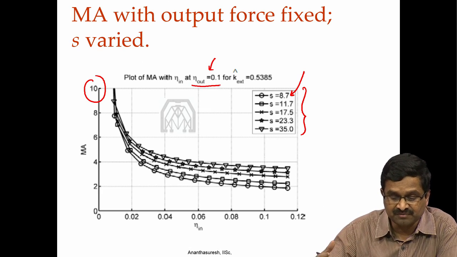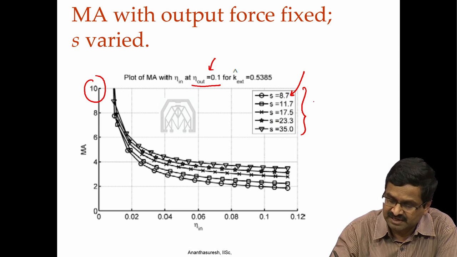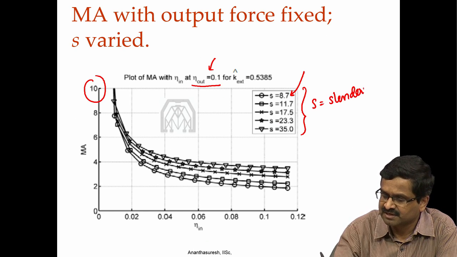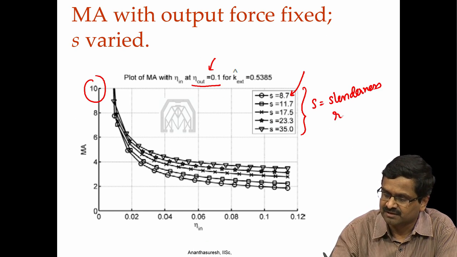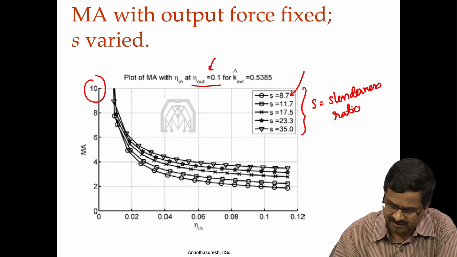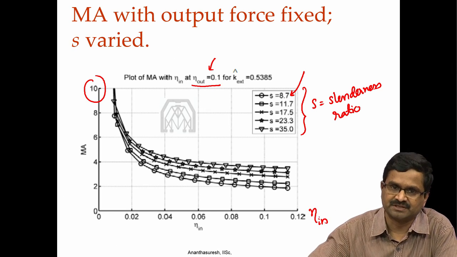So, you have to draw all of these for different parameters, but most importantly for slenderness ratio, S here is slenderness ratio. You have drawn that, so we can see what happens. Okay. And on the x axis we have eta in because output is fixed.